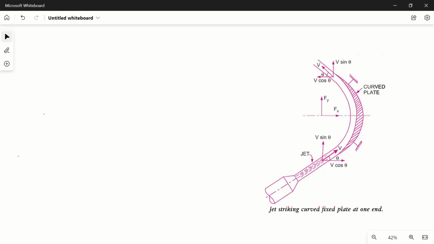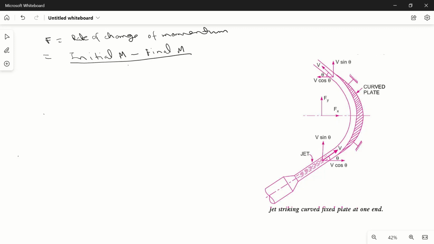So let's find out the force. Force is equal to rate of change of momentum, which will be equal to initial momentum minus final momentum divided by time. This is the rate of change of momentum.